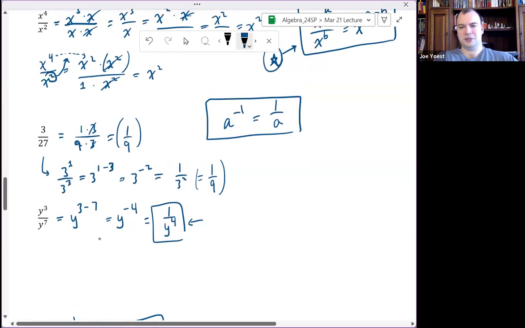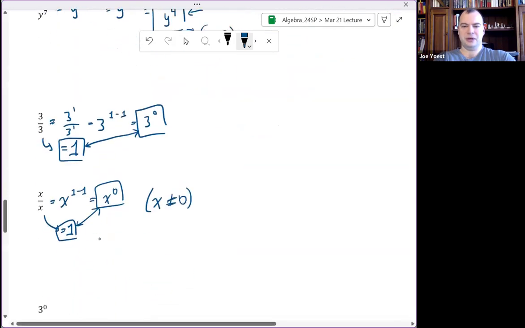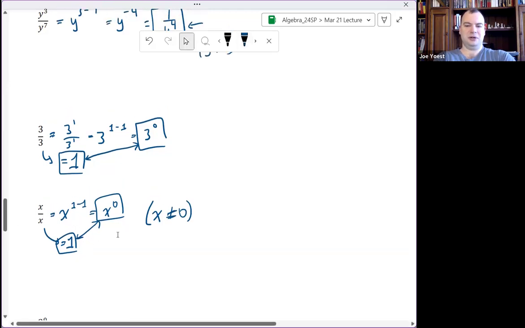I don't have to write it explicitly here because, well, 1 over y to the 4 implies y isn't 0. Right, but if I say x to the 0 equals 1, I probably have to explicitly say that x shouldn't be 0 in that case.